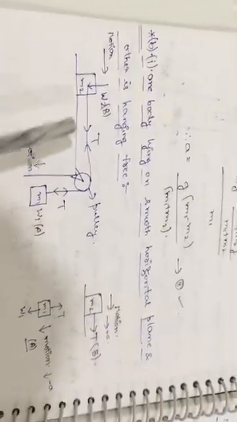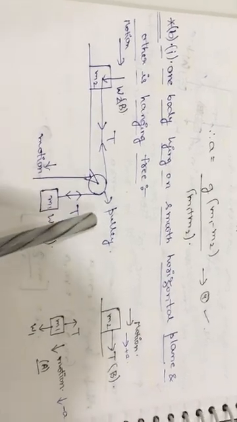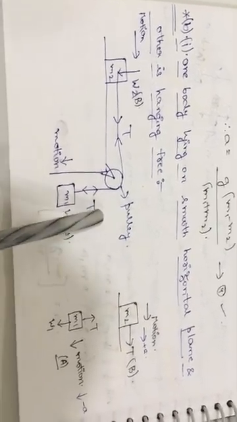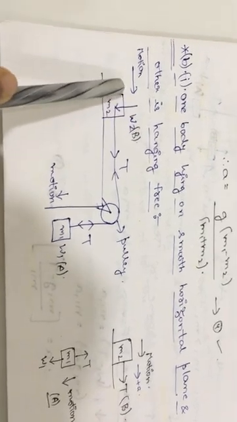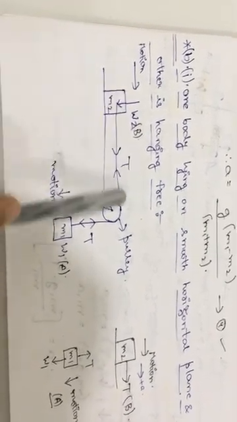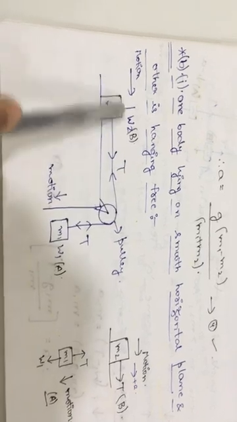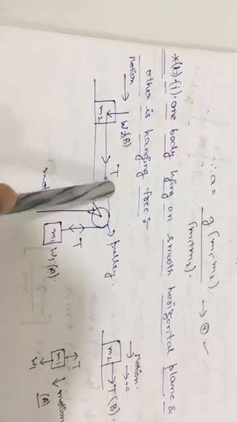Now this is the diagram for the B body. Here one more thing: when A body is moving in the downward direction, this B body is projecting towards the positive x-axis in the horizontal direction.